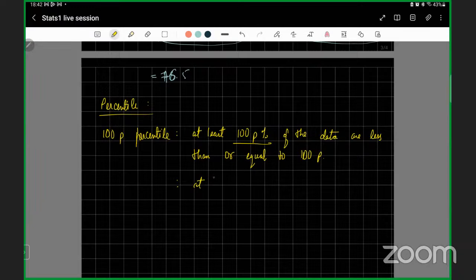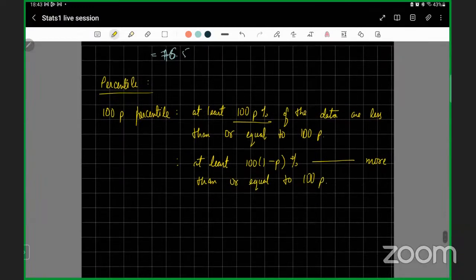Or you can also say that at least 100 times (1 minus p) percent of the data are more than or equal to it. So let's say I'm saying 25th percentile. Whatever your 25th percentile is, let's say this data point here is the 25th percentile.